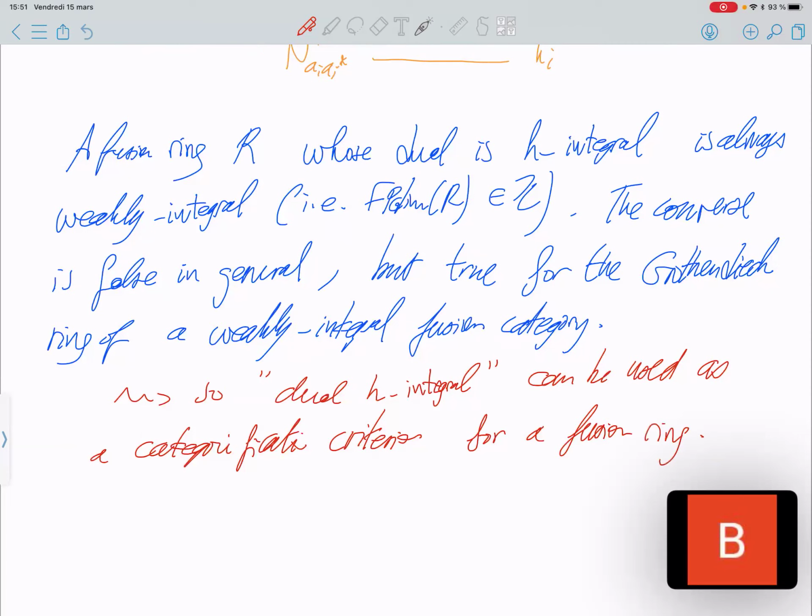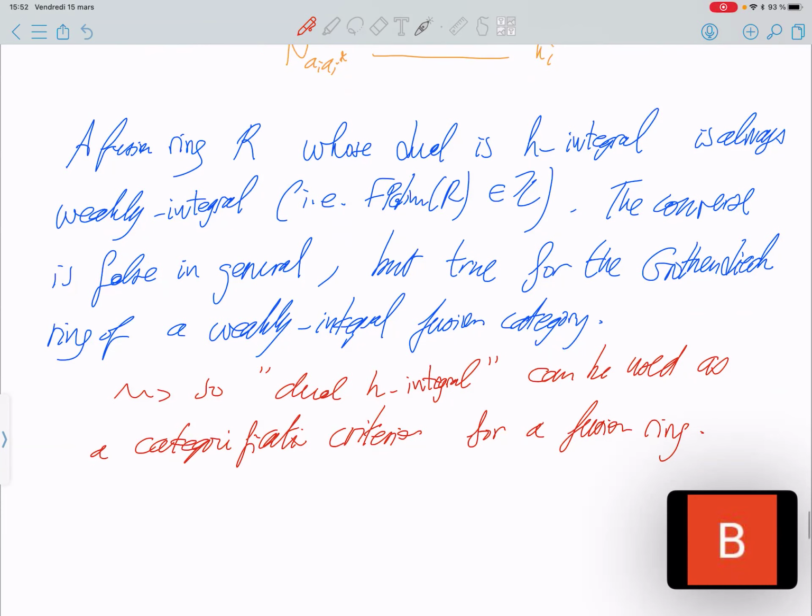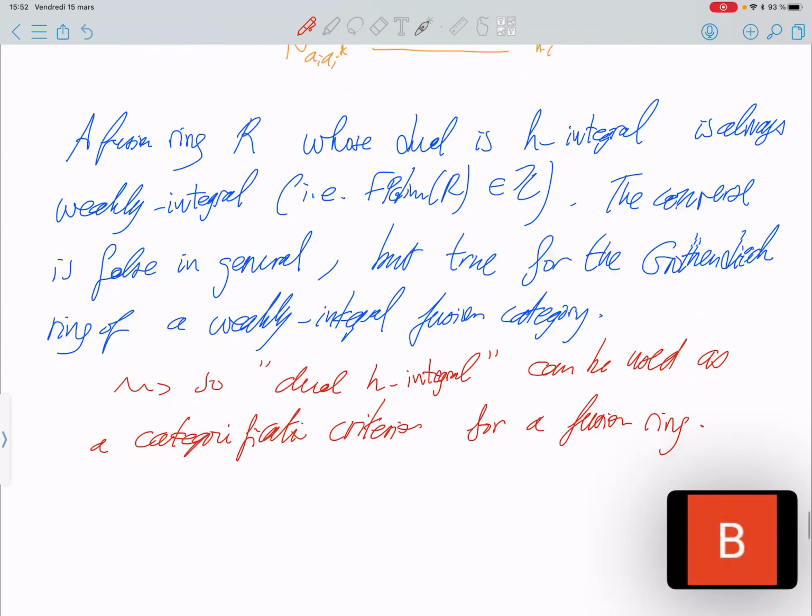Now, we will state the Burnside result. One version of the Burnside result, in fact.